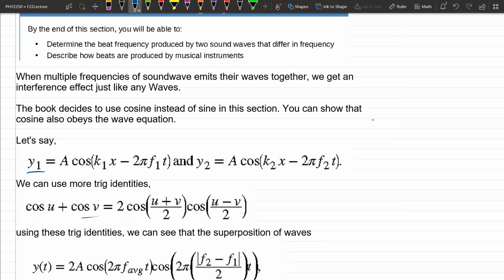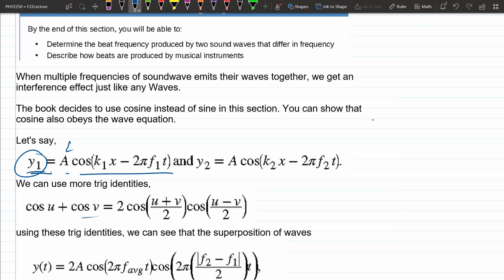Okay, so let's say we have one wave, some y1, and that wave can be written with some amplitude times a cosine of some wave number k1 and some frequency. Now we're going to deal with two different waves. Remember, wave number k is related to the wavelength, right? Frequency is frequency because we put the 2 pi's in here, so that's fine.